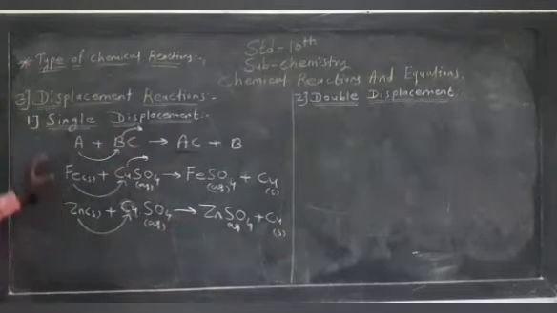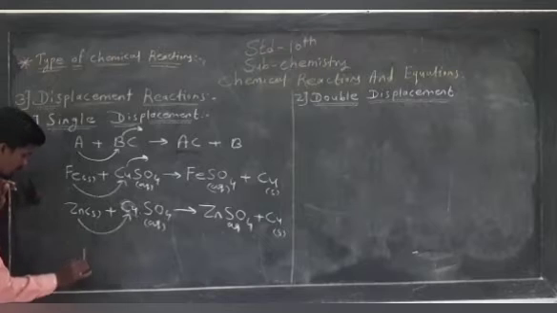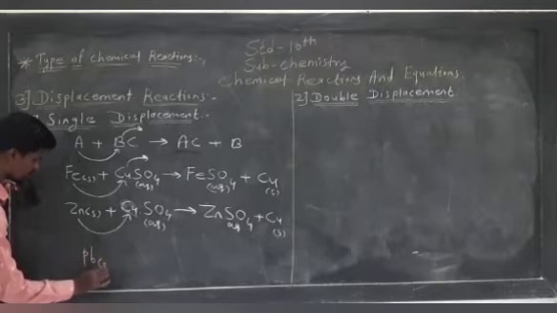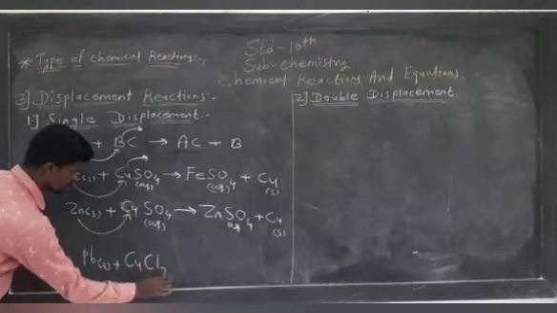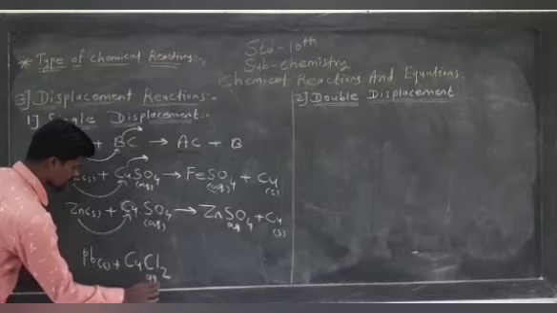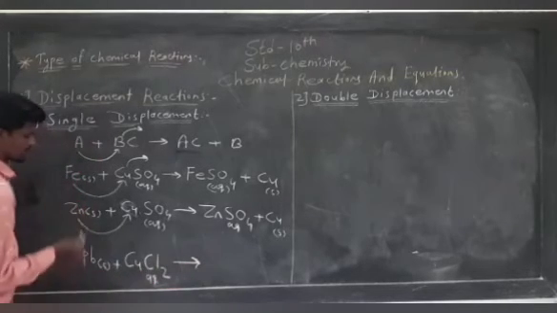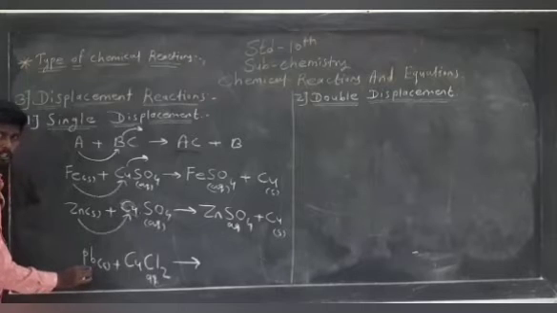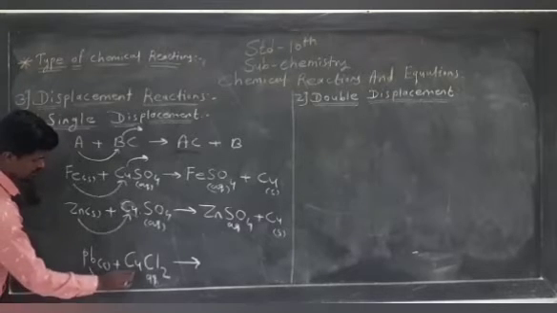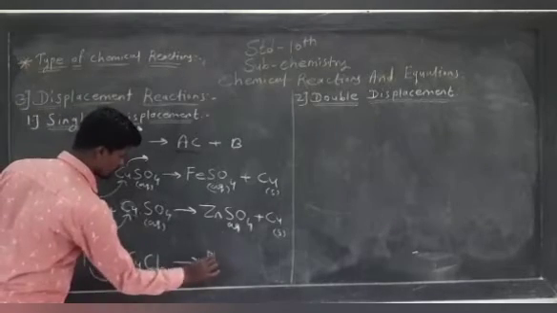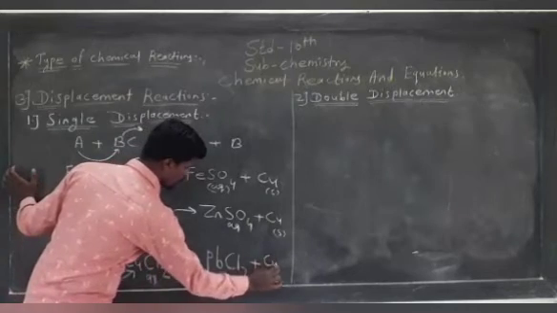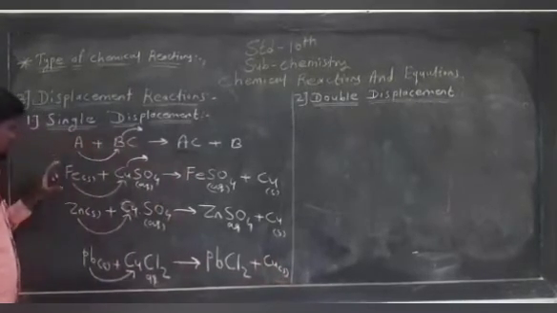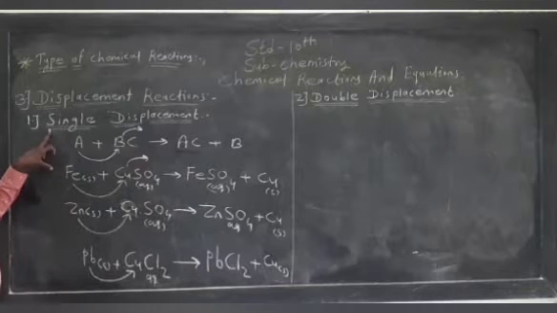This is an example of single displacement reaction. Another example: lead, Pb, in solid form is reacted with copper chloride in aqueous form. In the same way, lead displaces the copper, and it gives lead chloride with byproduct copper in solid form. This is an example of single displacement reaction.